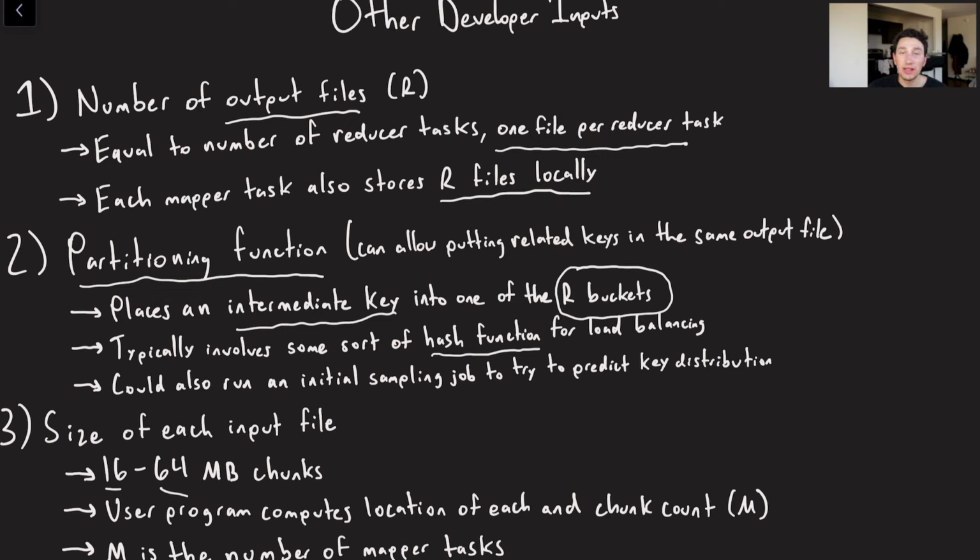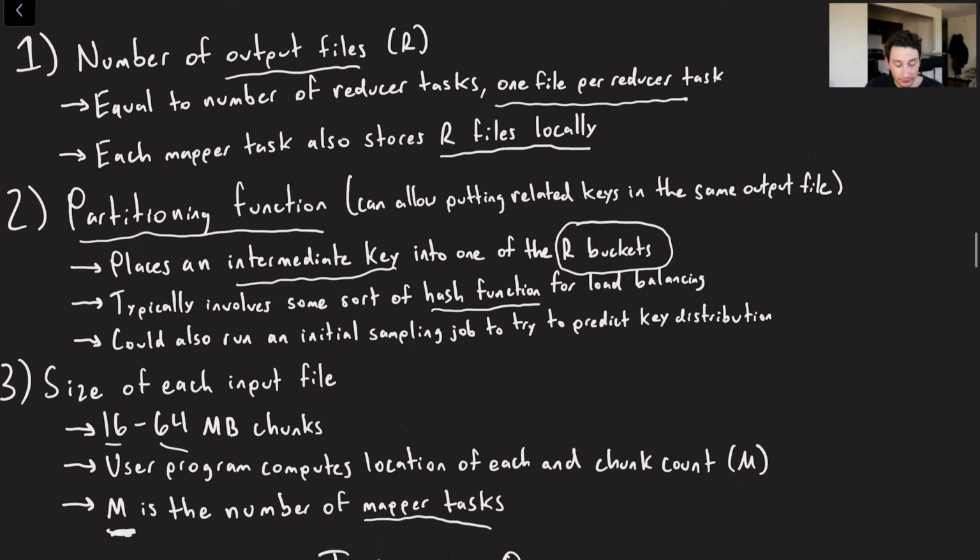Now we have M chunks, and we're going to be using this M parameter a lot because M is the number of mapper tasks. Each chunk itself is handled by one mapper task. Now each node might run multiple tasks, but a task is the unit of work in MapReduce.